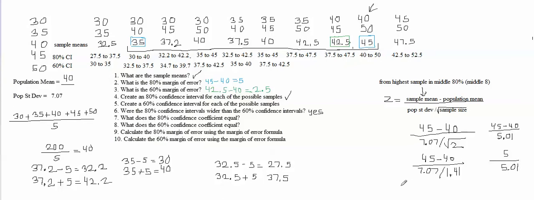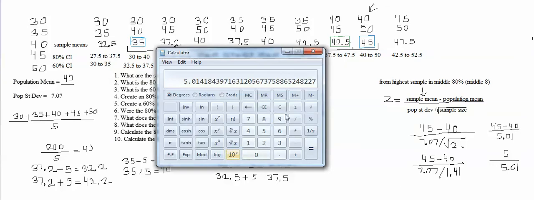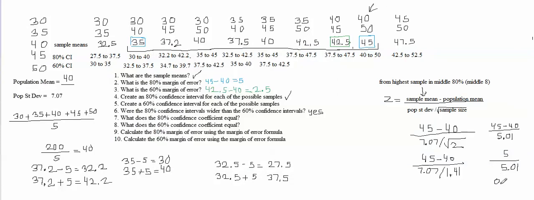And 5 divided by 5.01, just divide the top by the bottom. We get 0.998, which is about just 1. So the 80% confidence coefficient is 0.998.